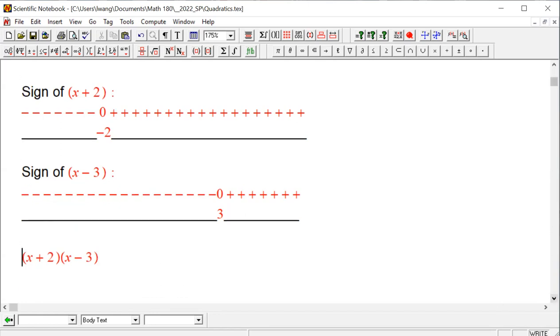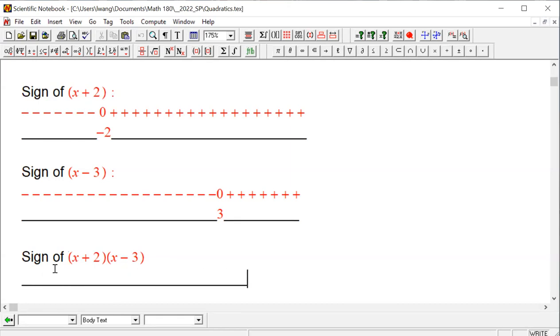So now since we have x plus 2 and x minus 3 distributions, I line up those numbers. See, -2 relative to 3. Now I'm going to make a number line to observe the sign of x plus 2 times x minus 3.